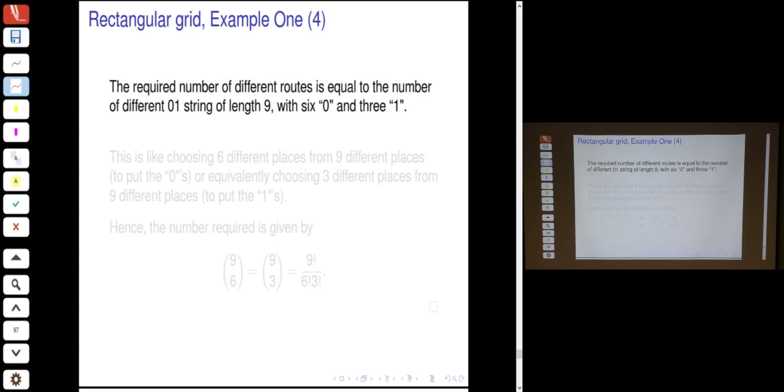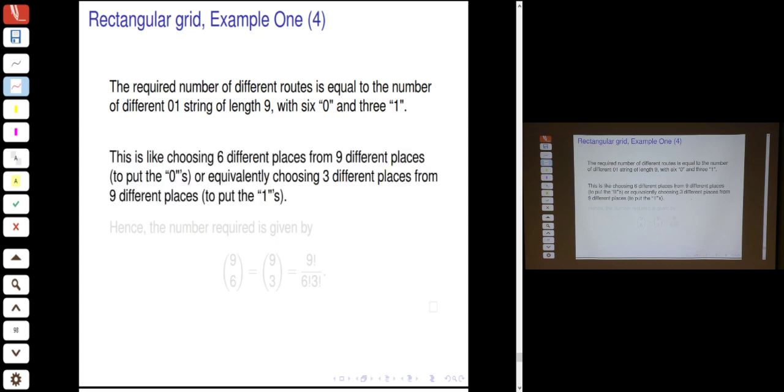Now the new counting problem is easier, right? It's like choosing 6 positions out of 9, so choosing 6 different places from 9 different places. The places I choose are the ones where I'm going to put a 0.